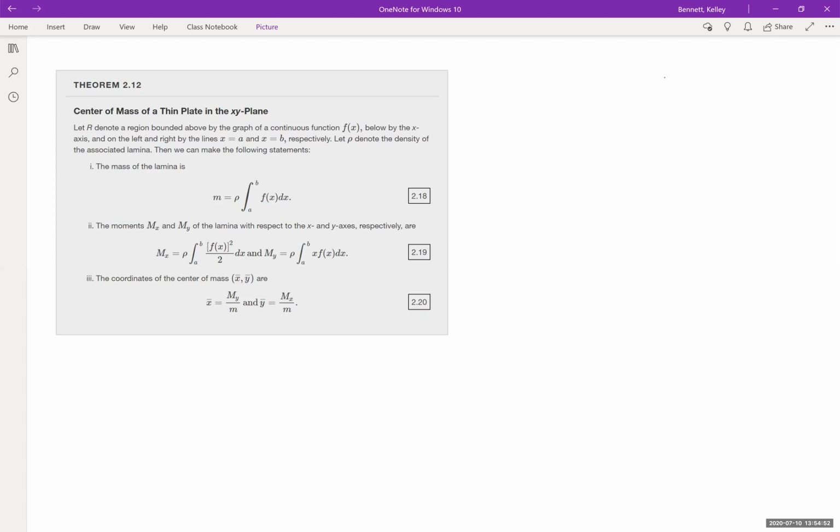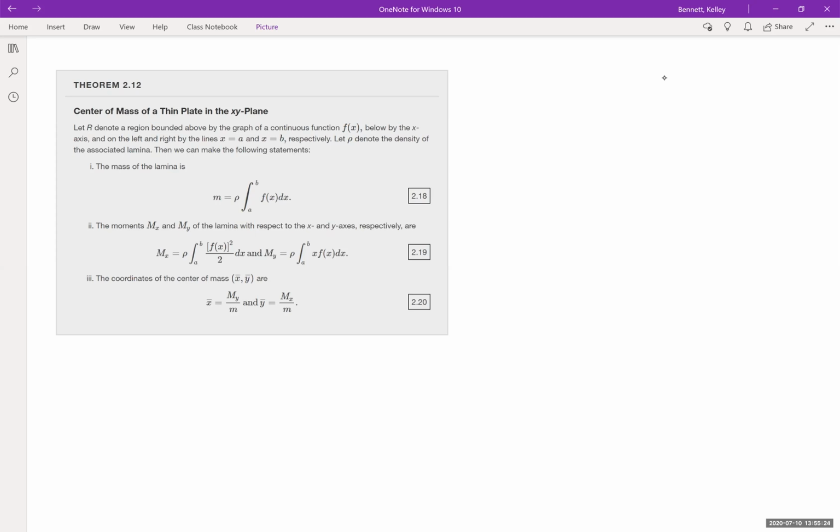So notice that we have an equation for mass represented as an integral, and then we also have equations for moments m sub x and m sub y also represented in an integral. And then our centers of mass, or our centroid, are dependent on these two values. But I want to build up the centers and the mass from a discrete system, and then through a limiting process of a Riemann sum, bring it into the integral form.